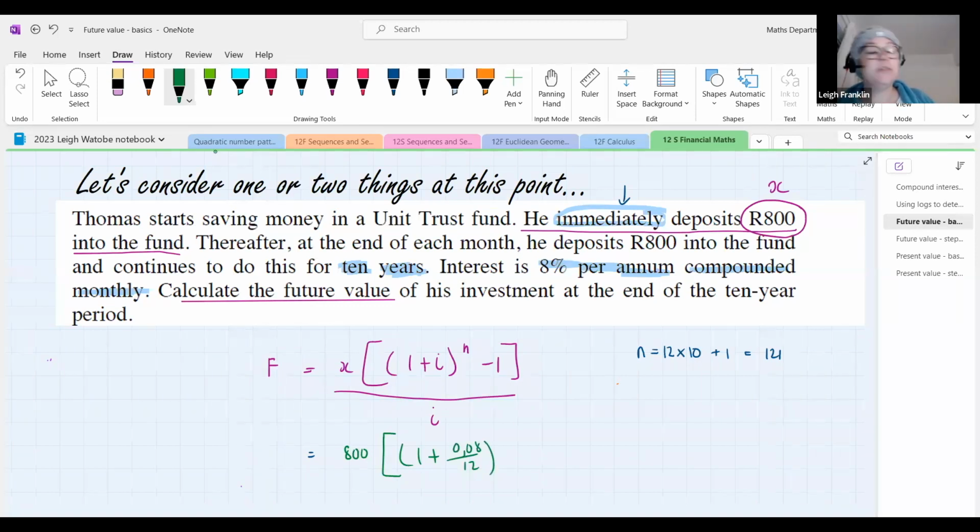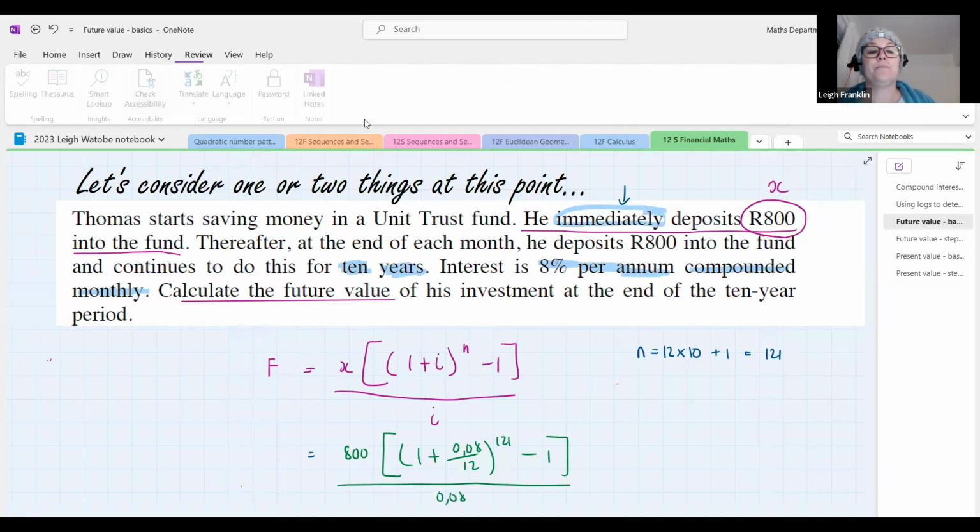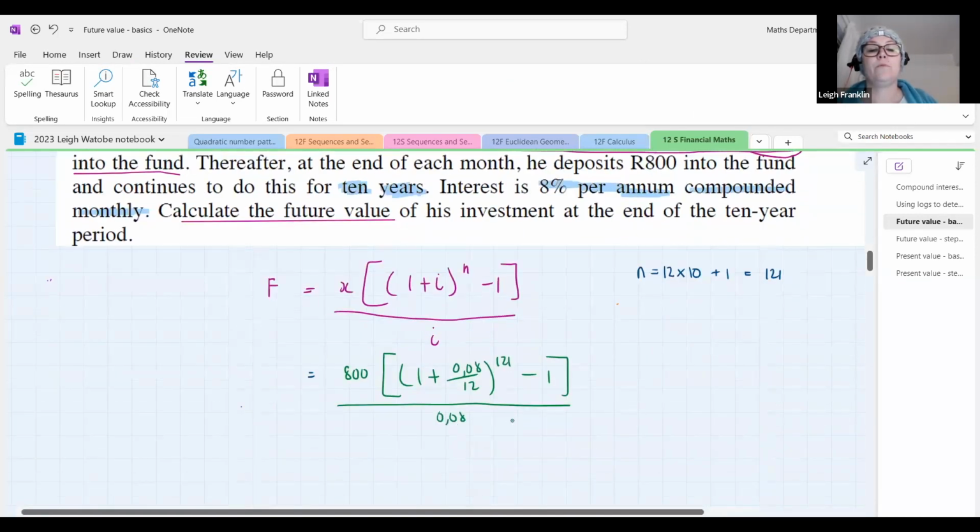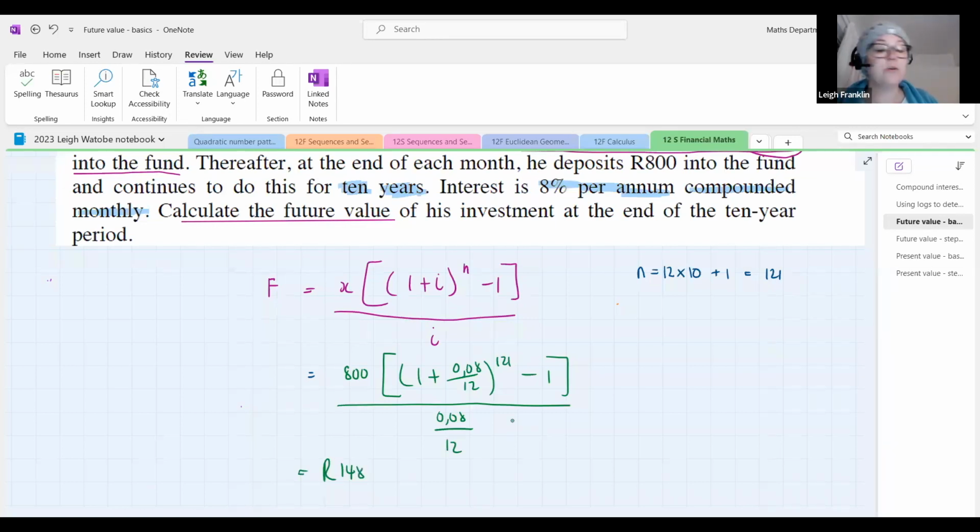If you can explain to me what's confusing you, then I can help you. So that's what you should have had, and then got a final answer of 148,132,54, which a lot of you did send through to me, yes.